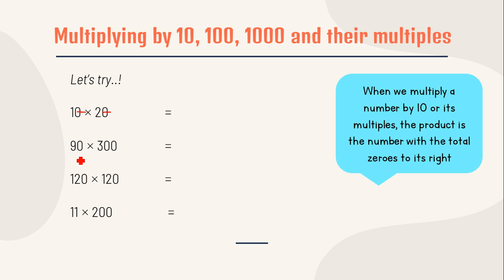If the zeros are in the middle, like for example 101, we're not going to set it aside. We're going only to set aside the zeros at the back.